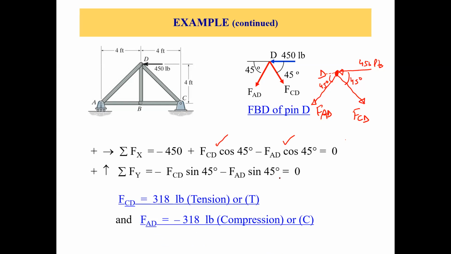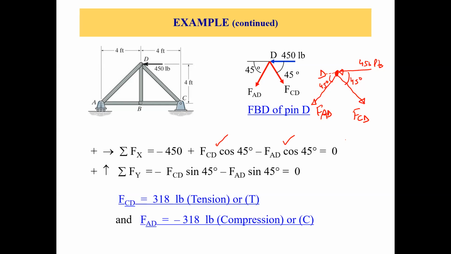We get a positive number, so it's a tension, as we assumed. And FAD is negative 318 pounds. This negative sign suggests that we assumed tension, but it's actually compression. So we'll change the arrow for FAD. It's not a tension, it's a compression.